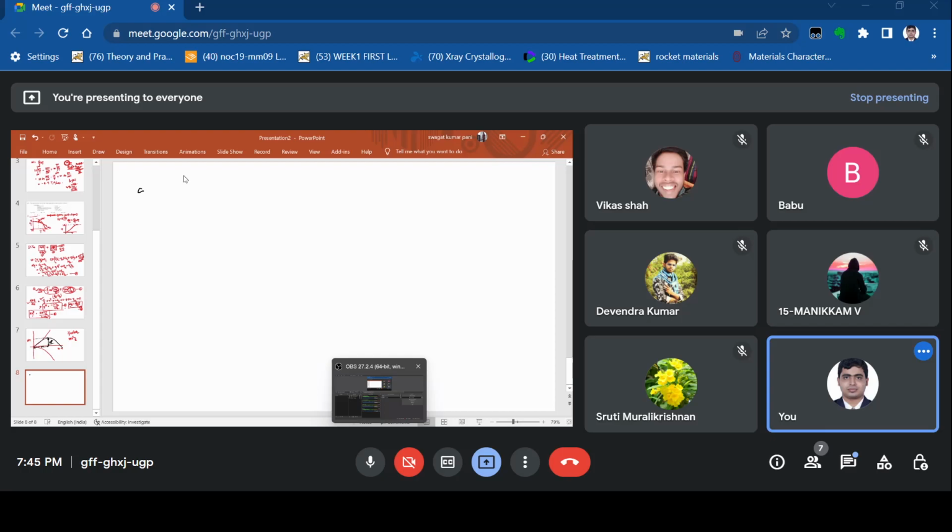But here it is given joule per mole, delta HF, so we have to convert this to joule per meter cube. That's why this molar volume is given. 13,000, that is our delta HF, into delta T, that is 100 Kelvin, melting point 1356. So this value we get in joule per mole.